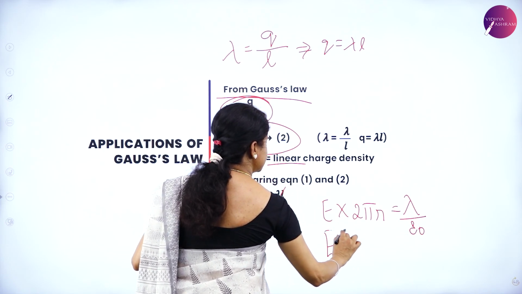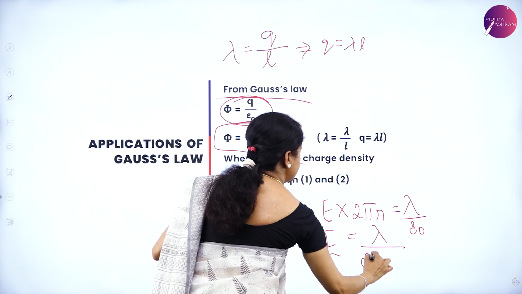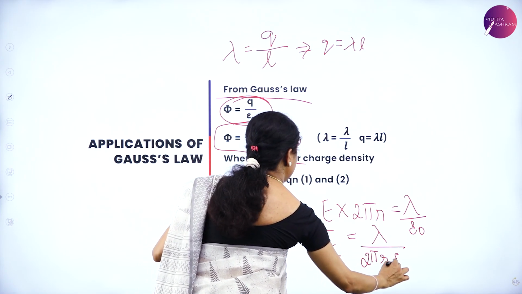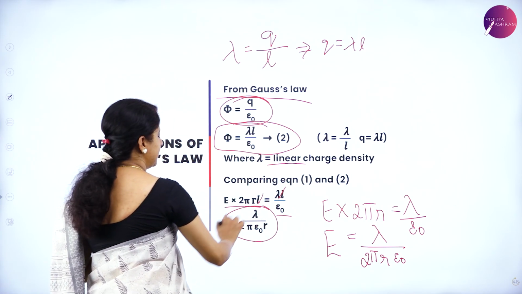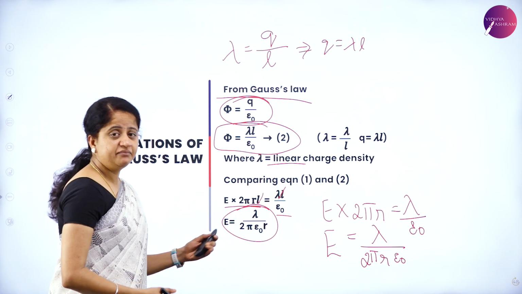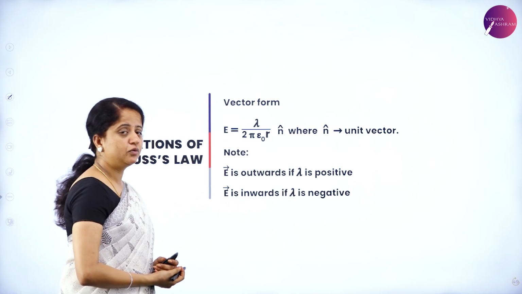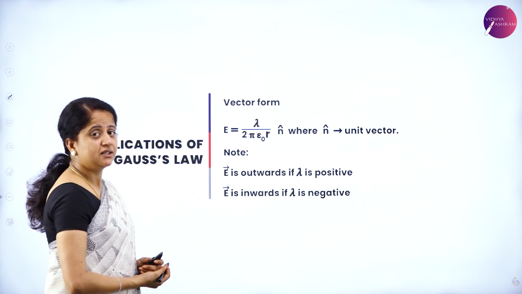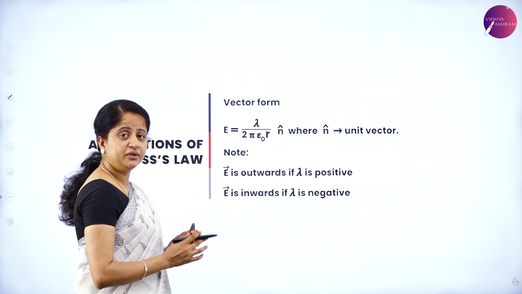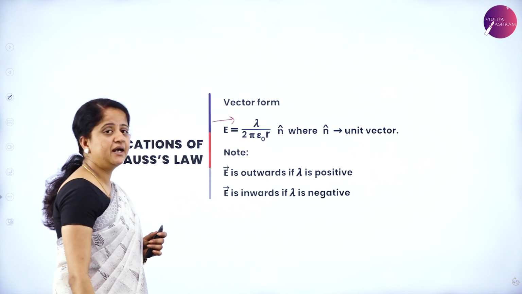I just want an expression for E, which is equal to lambda divided by 2 pi R into epsilon naught, or we can write lambda divided by 2 pi epsilon naught R. The same thing we can represent in vector form, that is E is equal to lambda divided by 2 pi epsilon naught R into n cap, where n is a unit vector which gives us the direction, and in vector form we denote E with an arrow mark.